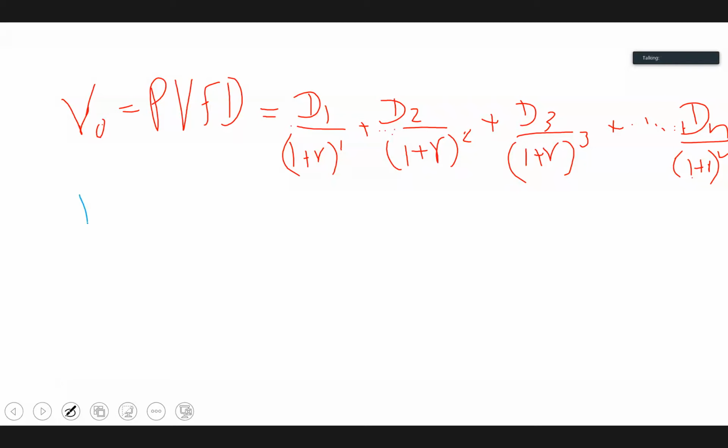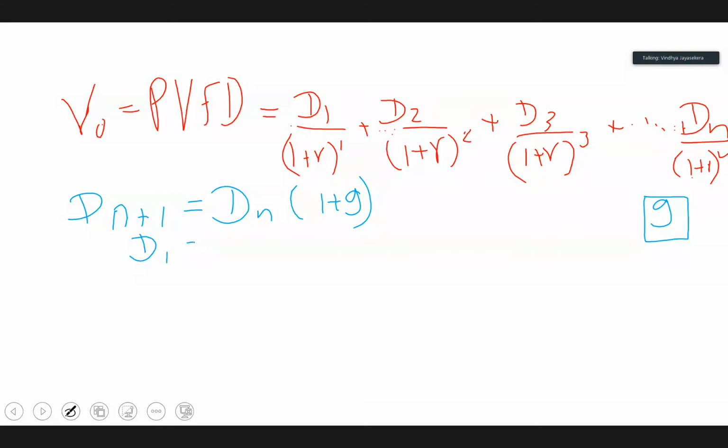Okay. Dividends grew at a constant rate. That means next year's dividend is equal to this year's dividend multiplied by the constant growth rate, right? So the growth rate remains constant. That's why we call it a constant growth model. That implies that D1 is equal to D0 into 1 plus G. Similarly, D2 is equal to D1 into 1 plus G, right?